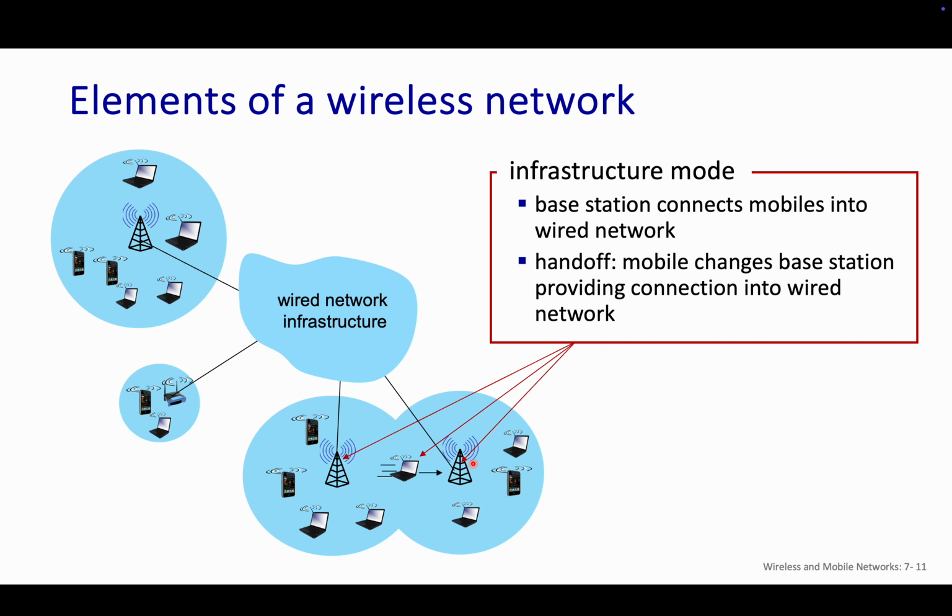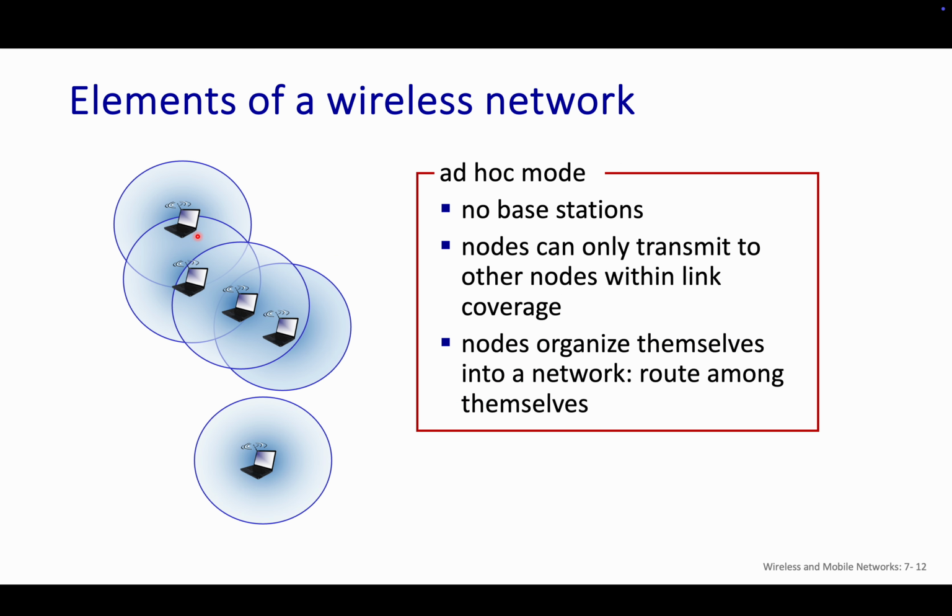So that's bidirectional. Same thing here, but now these center nodes might act as relays. So maybe I'm node A and I want to send to node Z over here. Nodes B and C will act as relays to send the data. Really powerful idea.